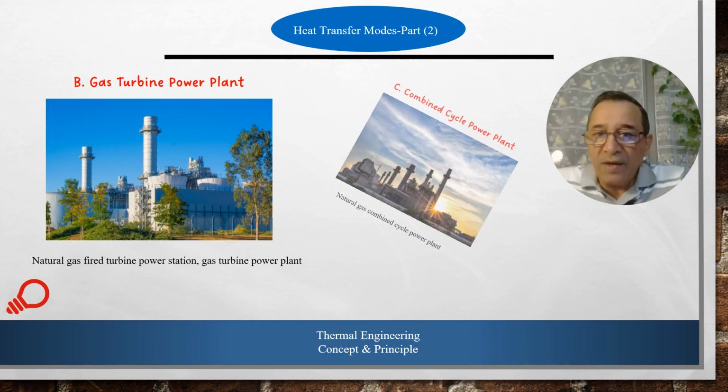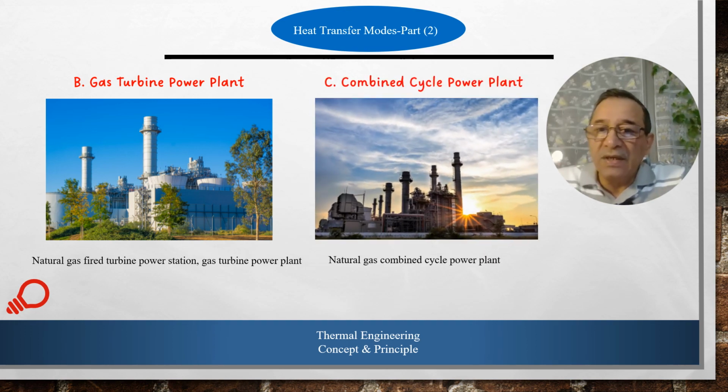And the other one is the combined cycle power plant, which uses both natural gas, the gas turbine, and the steam turbine. And it is thought that the combined cycle power plant can produce 50% more load with the same amount of fuel when compared to the simple power plant.